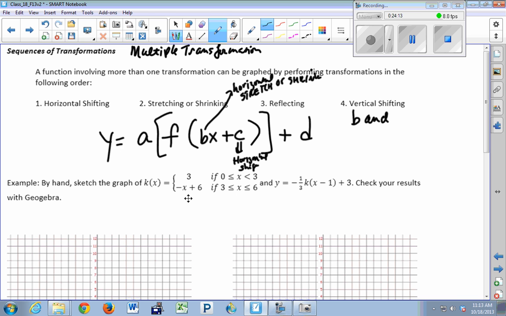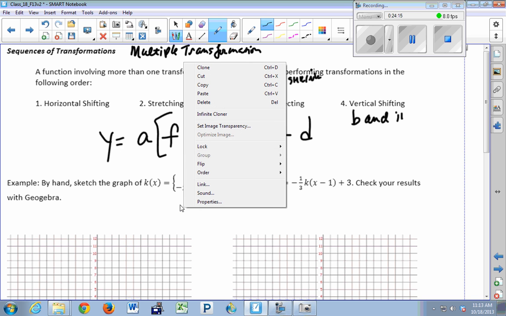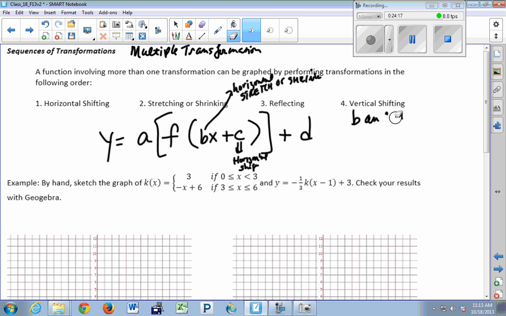The values of B and C deal with horizontal transformations. The values of A and D involve vertical transformations because they're outside the function.